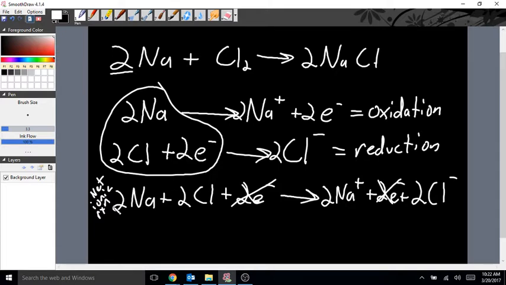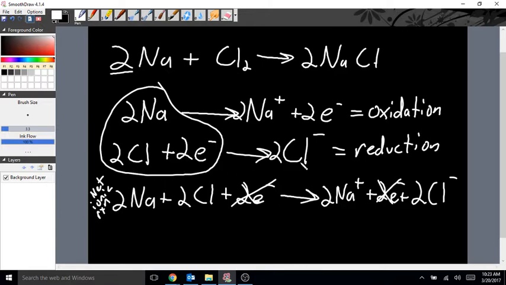Really it's just a combination of the oxidation and reduction steps where we keep the reactants on one side, the products on the other, and get rid of anything that's the same. Like we know by looking at the oxidation step here that the sodium is giving up 2 electrons. And then looking at the reduction step, the chlorine here is taking those 2 electrons to become negatively charged.